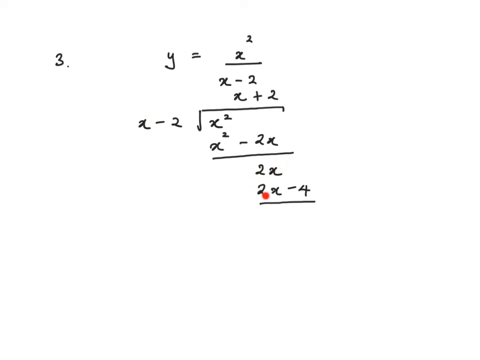Subtract 2x, take away 2x is 0. 0 take away minus 4 is 4. So what I can do then is say that y equals x plus 2 plus 4 over x minus 2.